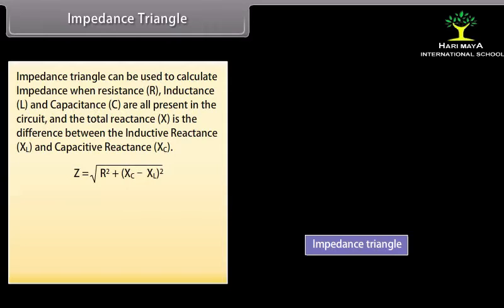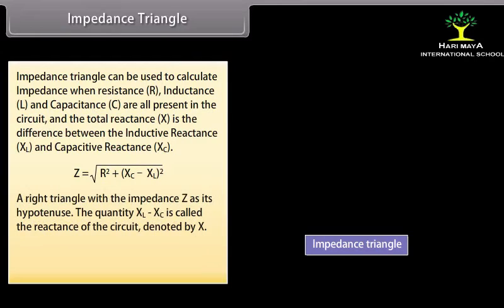Z = square root of (R squared plus (XC minus XL) squared). In a right triangle with the impedance Z as its hypotenuse, the quantity XL minus XC is called the reactance of the circuit, denoted by X. Tan phi = (XC minus XL) upon R.